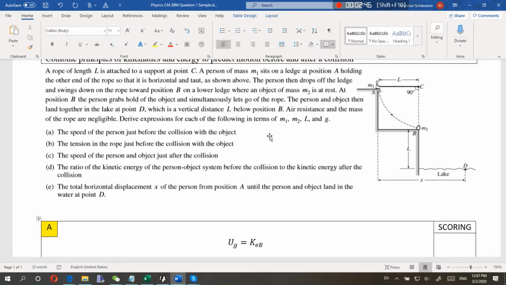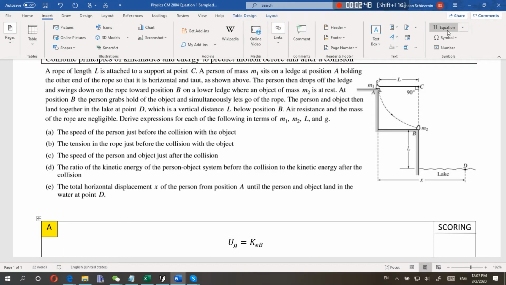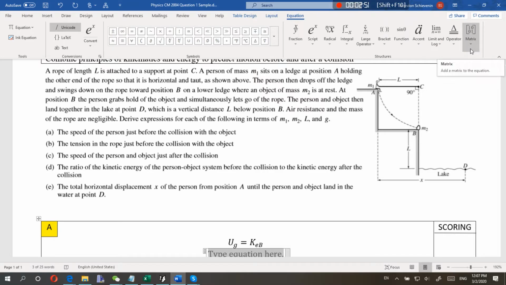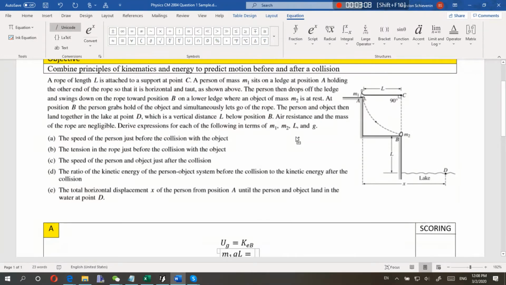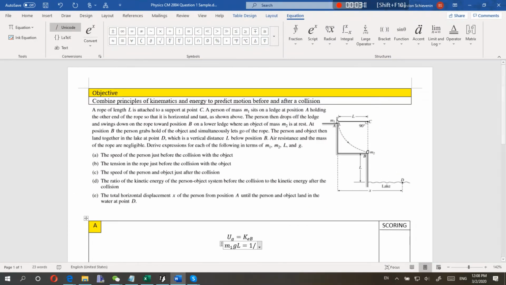Okay, so then what's my gravitational potential energy? M1GL. M1GL is equal to 1/2 M1 V squared.